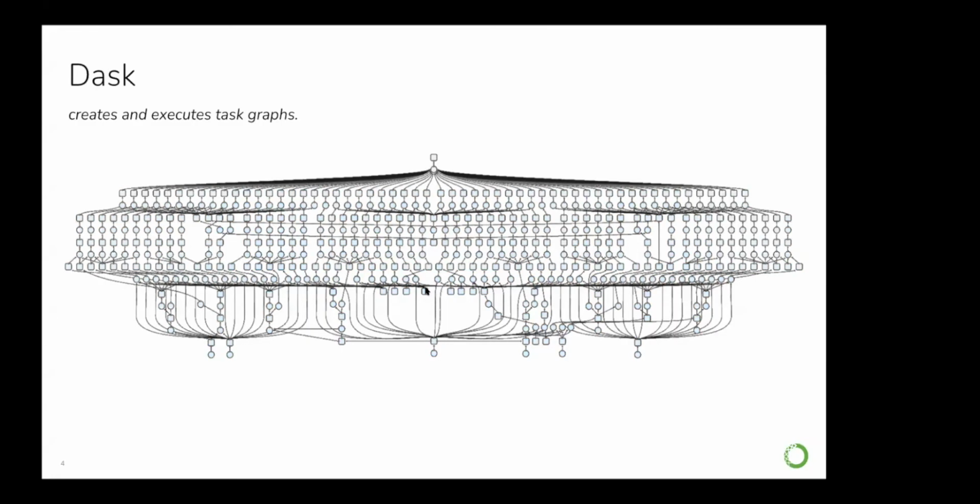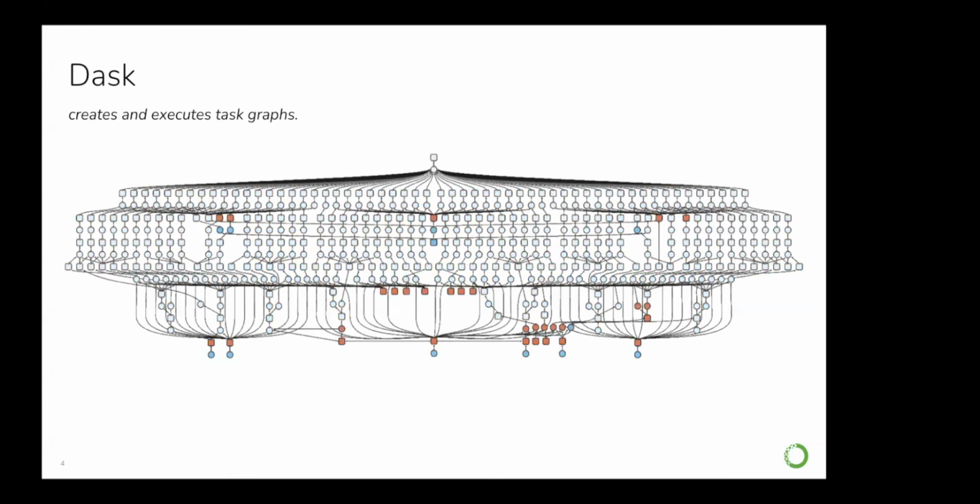This is one of my favorite graphical representations of what Dask does. The two things that Dask does are create and execute task graphs. This graphic has a task graph and then the execution of that task graph.